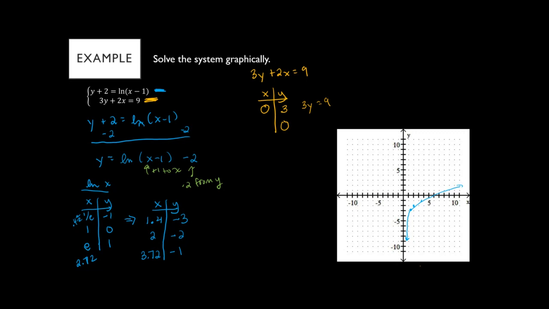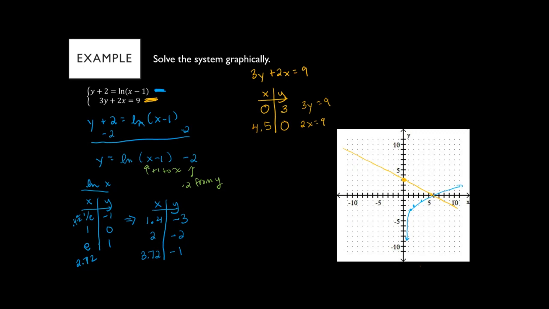And when y is 0, I'm solving 2x equals 9, which gives me 4.5 for x. So I'm just going to plot my points. And this is a line, so I'm going to connect these two dots as best I can. And there we go.